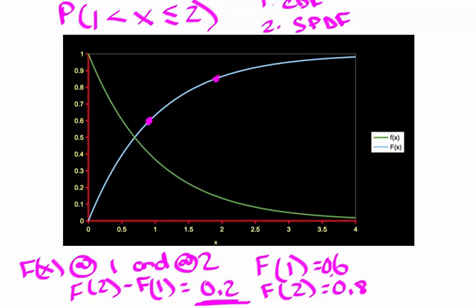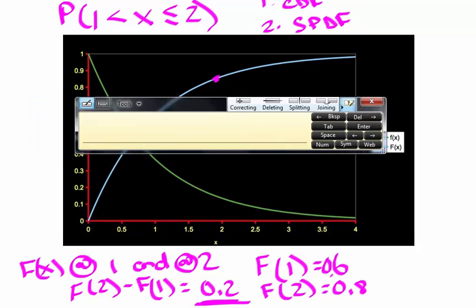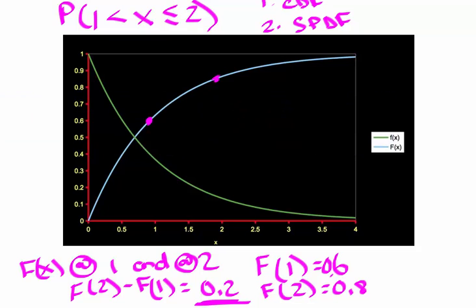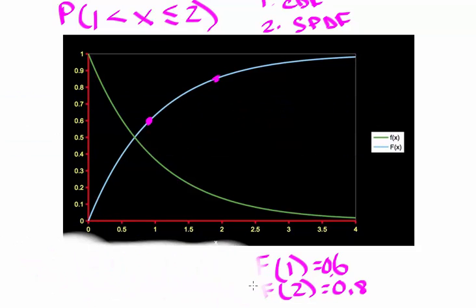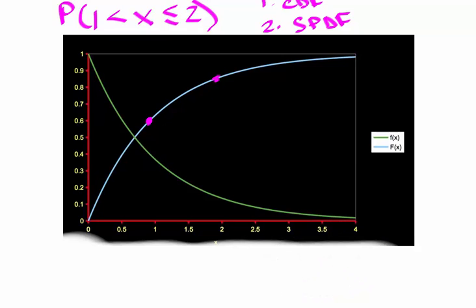So what's our other option? The other option is to use the PDF. In this case, we can take the integral, or the area under the curve, of the PDF, which again is this line, from 1 to 2.